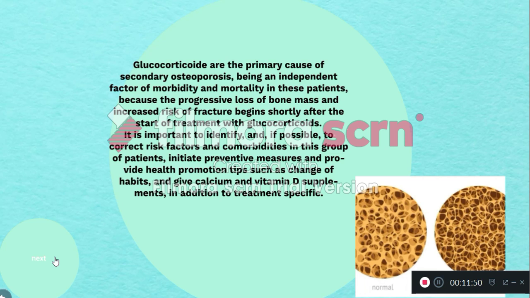It is important to identify and, if possible, to correct risk factors and comorbidities in this group of patients, initiate preventive measures, and provide health promotion tips, such as change of habit and giving calcium and vitamin D supplements, in addition to specific treatment.